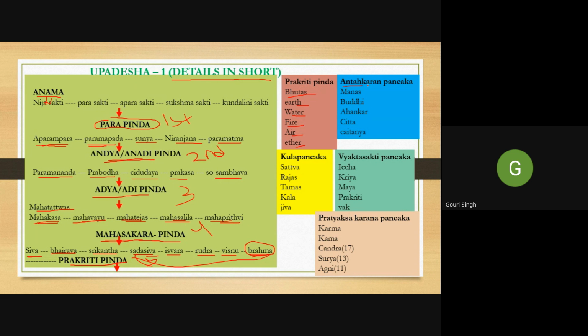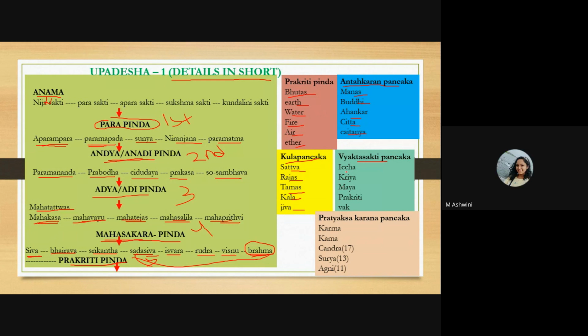Then Antakaran Panchak is also discussed: Manas, Buddhi, Ahankar, Chitta, and Chaitanya. And then Kul Panchak is also added here in the Prakriti Pinda: Sattva, Rajas, Tamas, Kala, and Jiva. And Vyakta Sakti Panchak. All these are the five main forms, but they again have subcategories of the five forms.